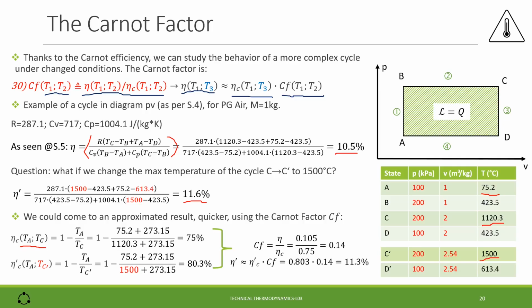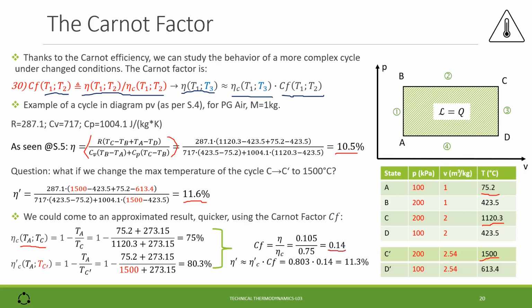Now we can say that the efficiency of the cycle under changed conditions, with the maximum temperature of 1500 degrees, is the product of the Carnot efficiency of the changed cycle and the Carnot factor, assuming that this value is not changing.